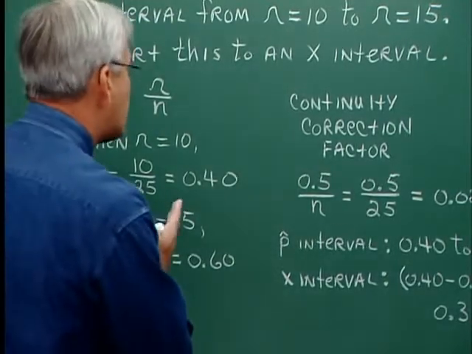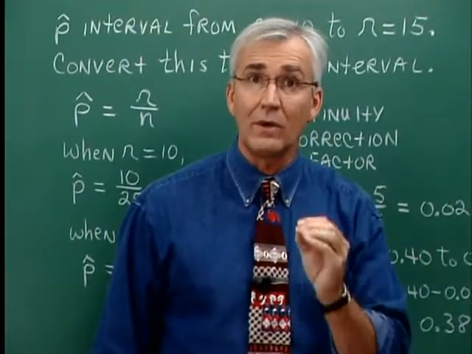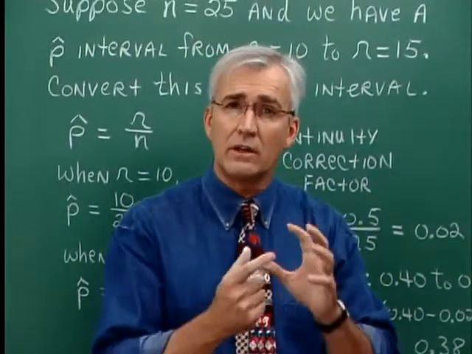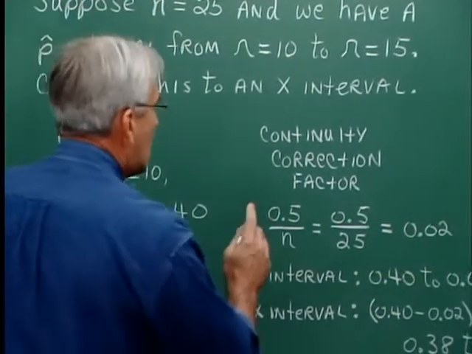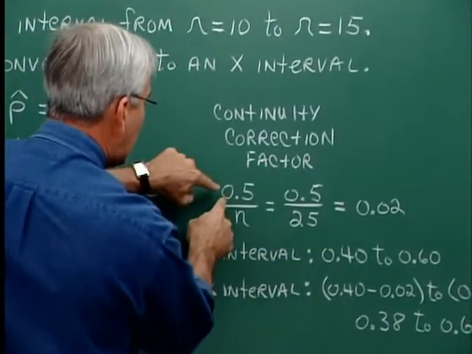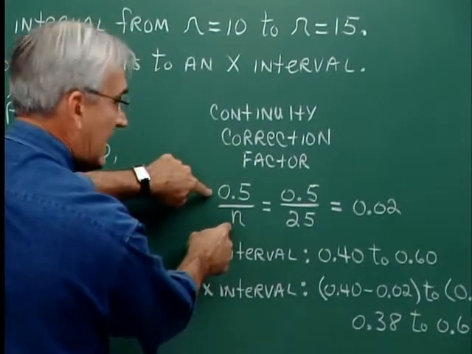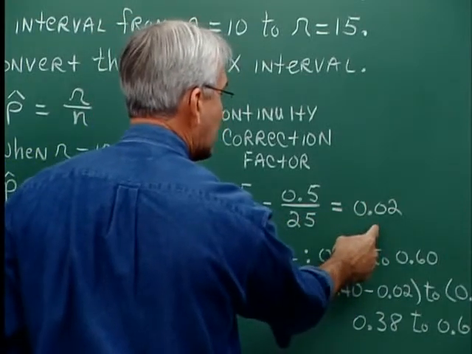Now this p-hat interval is from 0.40 to 0.60, but we need to take into account this continuity correction. The continuity correction factor is calculated as 0.5 over n, and n in this case is 25, so the continuity correction is 0.02.